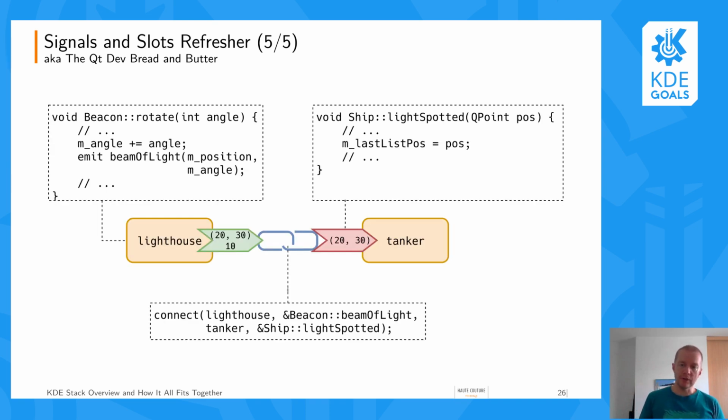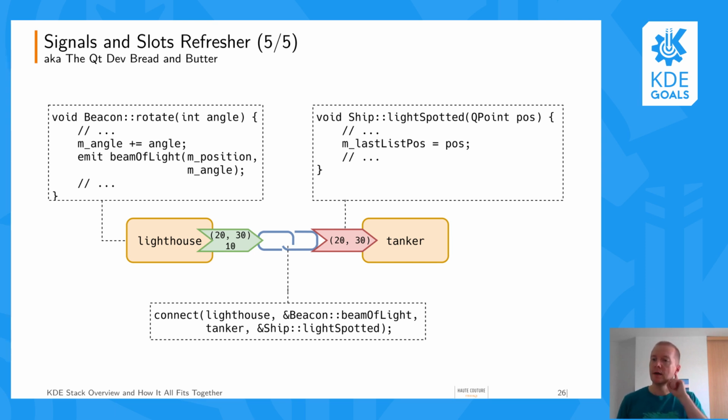To put it all together, that's basically how it would look. So we would have the lighthouse. And in the implementation of Beacon, we can imagine having something like a function rotate, to say we rotate the light on top of our lighthouse. And so we change the angle by some amount, and because the angle changed, then we emit beamOfLight again.